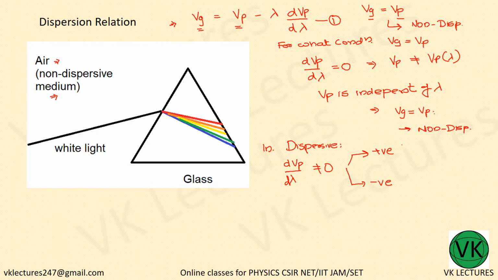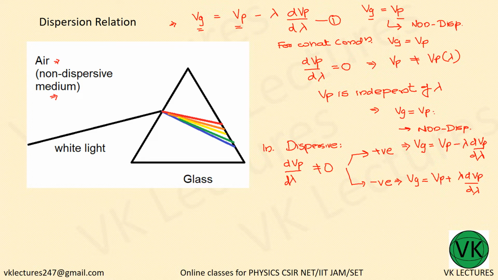Now if it is positive, Vg will be equal to Vp minus lambda dVp by d lambda. This will be the equation. Now if dVp by d lambda is negative, that means less than 0, Vg can be written as Vp plus lambda dVp by d lambda.